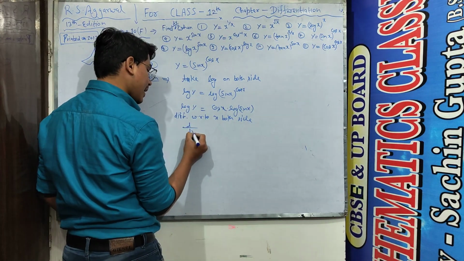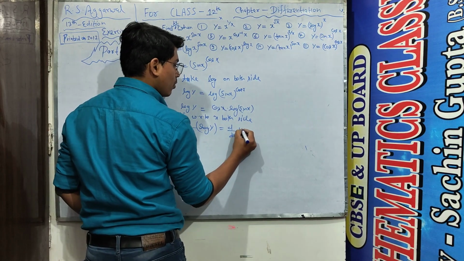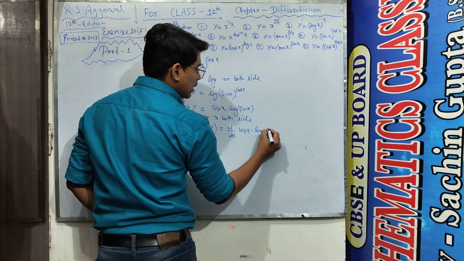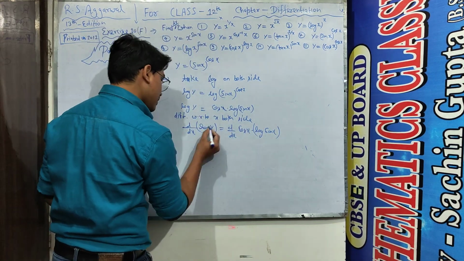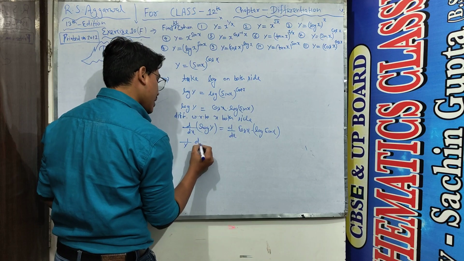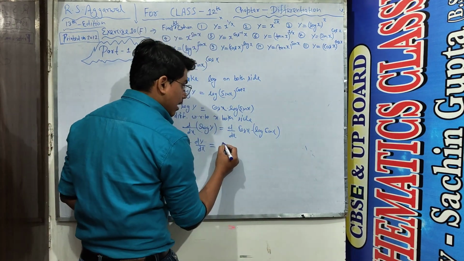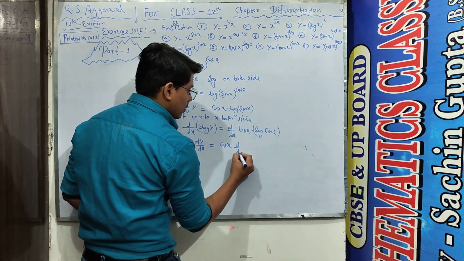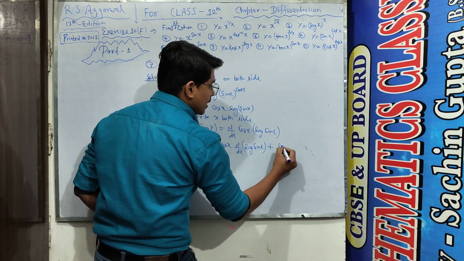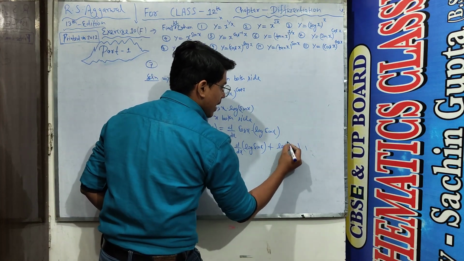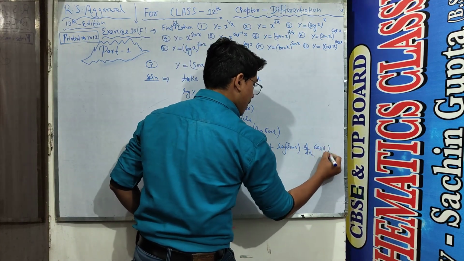So it becomes d by dx of log y and d by dx of cos x into log sin x. The differential of log y is 1 upon y dy by dx, and the differential of first into second is first into d by dx of second, plus second into d by dx of first, that is cos x.